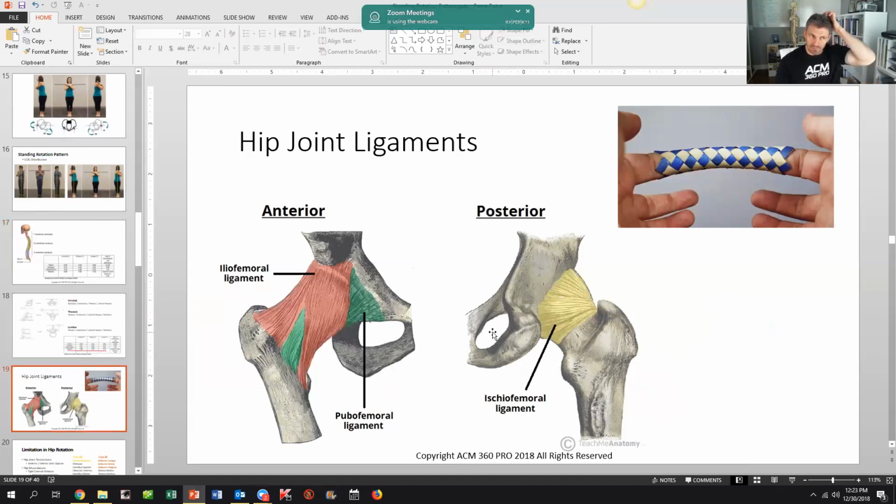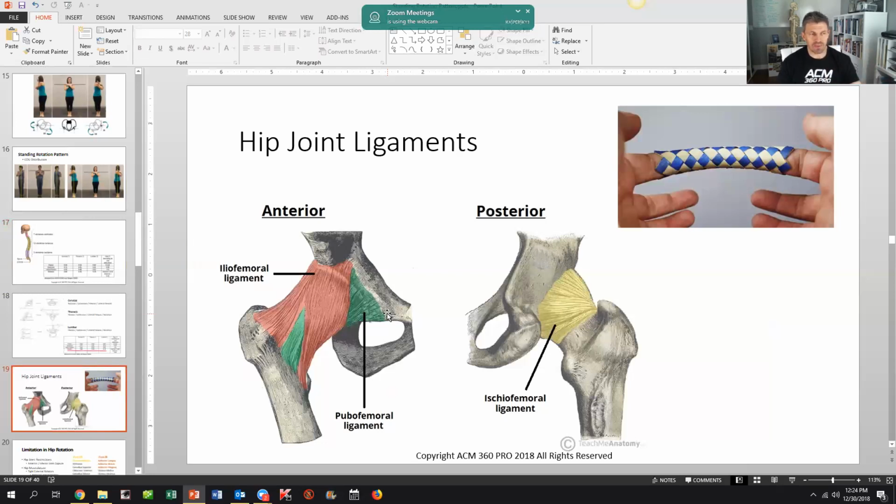When the leg is in extension, the hip is in extension, and the bands of ligament wrap around the hip socket and tighten it up, just like a Chinese finger cuff. When you bring the hip up into flexion, you bring your knee up to your chest, that tight ligament wrapping unwinds itself and allows for free movement. We're going to talk about assessing this in a second.